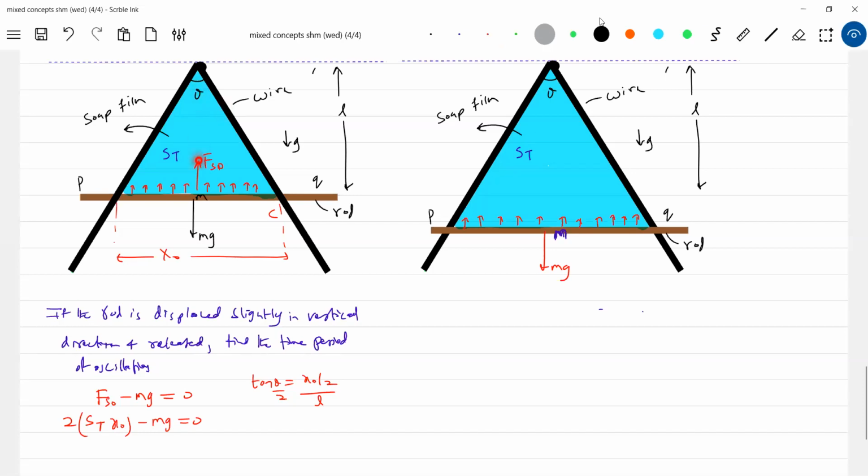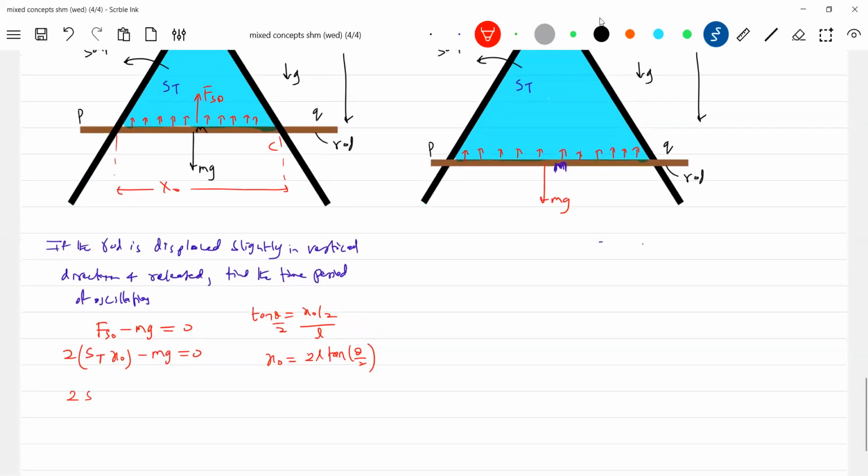Tan theta by 2 should be equal to x naught by 2 by L. This, let me substitute here: 2ST, 2L. Keep it in equation 1.